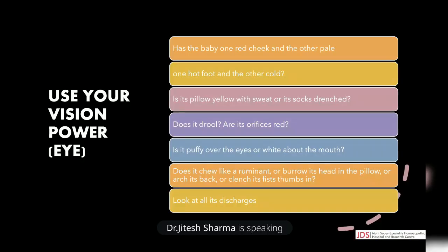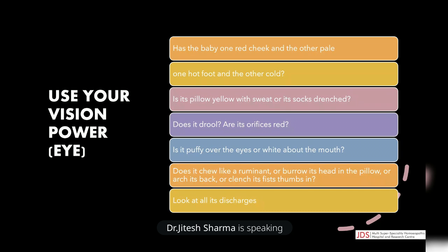use your eye to see how the baby is. Has the baby one cheek red or pale, or both cheeks red? Examine the baby by touching the feet, one side hot, one side cold. Observe whether the pillow is yellow with sweat or the socks are drenched in sweat. Does the baby drool?